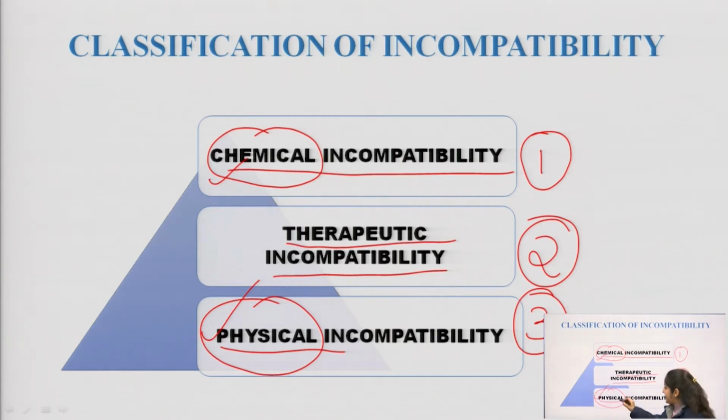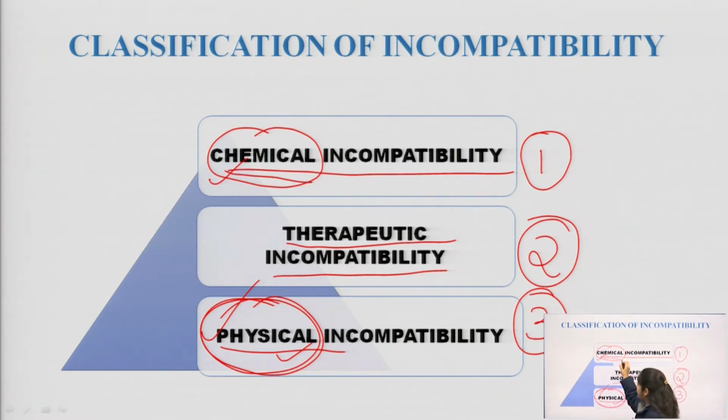Physical incompatibility means there is a change in the physical state of a dosage form. That physical change can be in color, taste, odor, or change of state. Such incompatibility is always termed physical incompatibility.